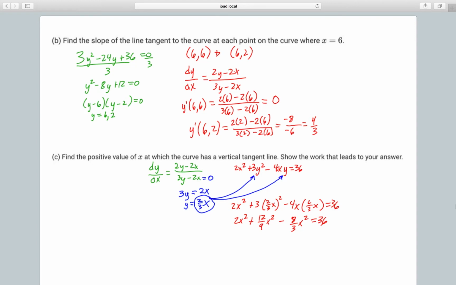I'm going to do this all at once, but you'll notice that these are all like terms. This is something that you could do in your calculator. But if you isolate x squared, you're going to end up with x squared equals 54. So x equals root 54, sorry.